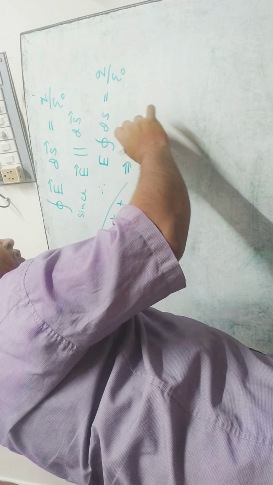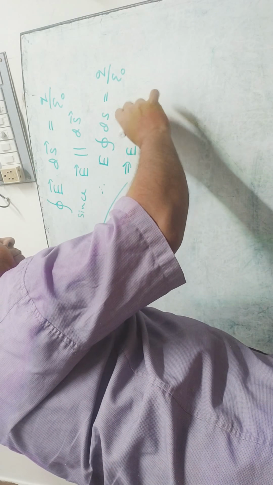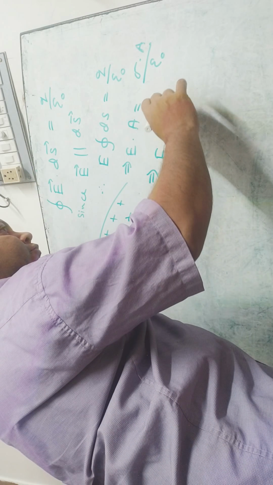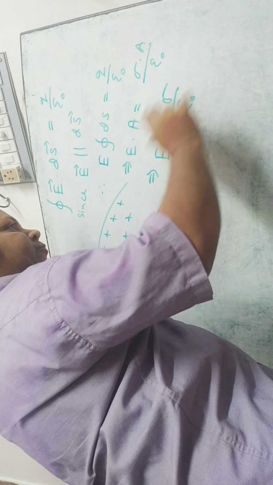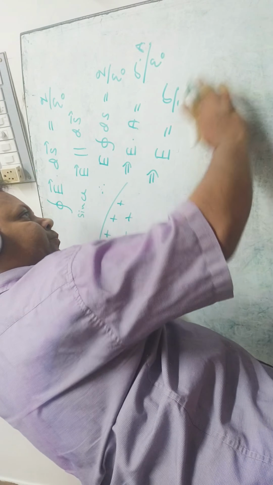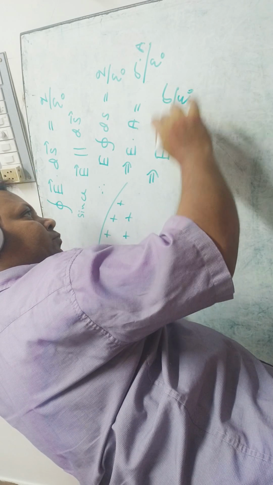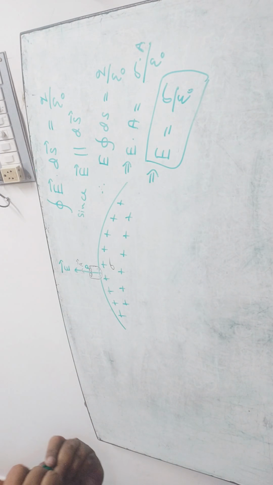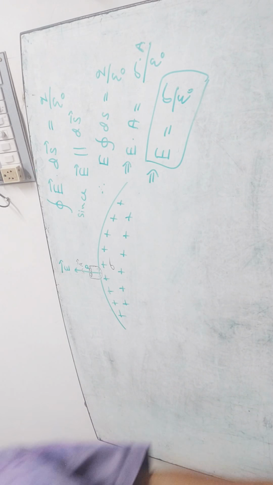This gives E into A is equal to sigma into A by epsilon 0. This gives E is equal to sigma by epsilon 0. This is the electric field at the point P.